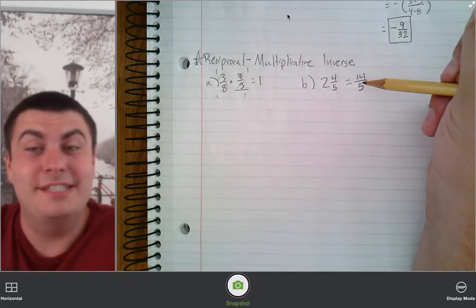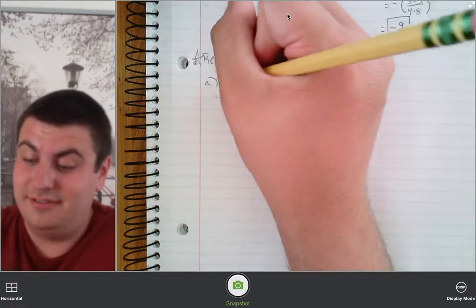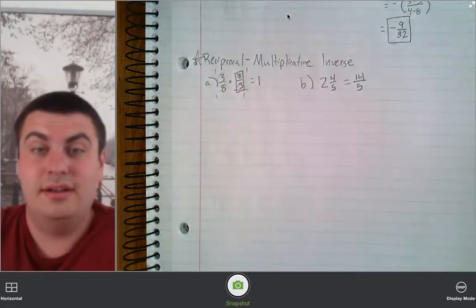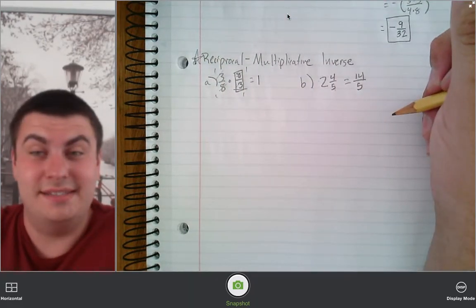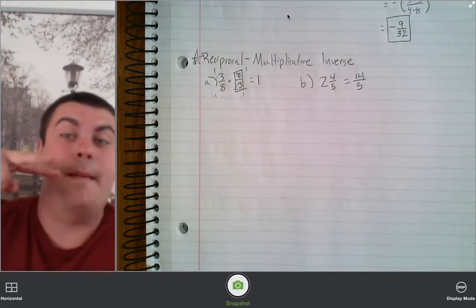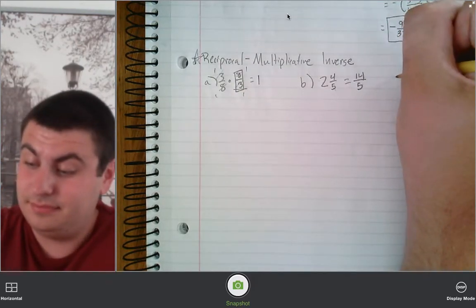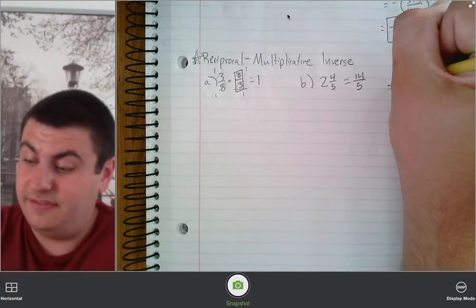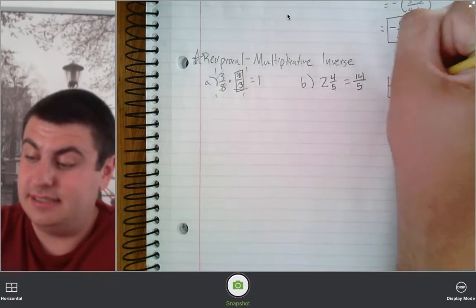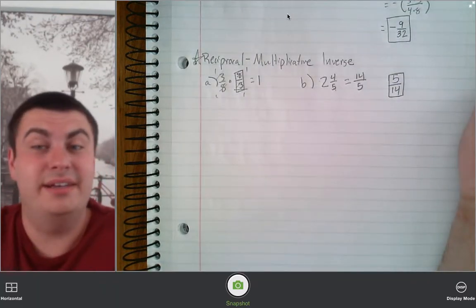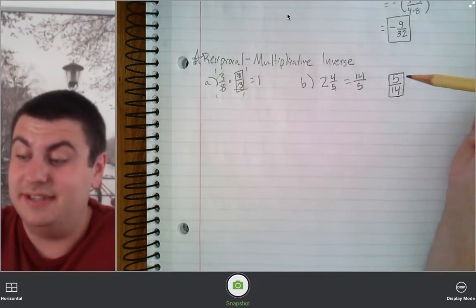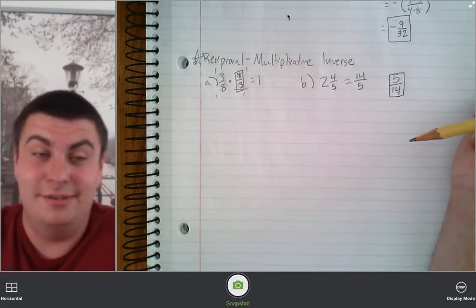Now we need to find the reciprocal of 14 fifths. So we're going to take 14 fifths, flip it, 5 14ths. If you don't believe it, check it. Multiply 14 fifths by 5 14ths, and you'll find 1.